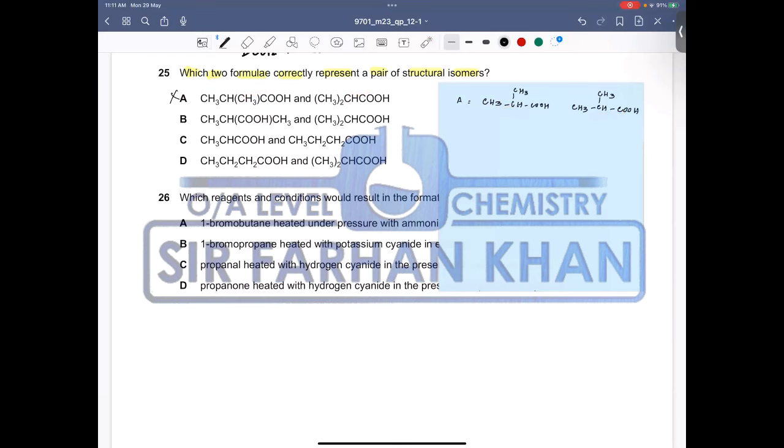Option B, CH3, CH, bracket COOH means I can write it here, and then CH3 here. It doesn't make any difference, as long as this group is attached to this carbon. So I can write this structure in this way as well.